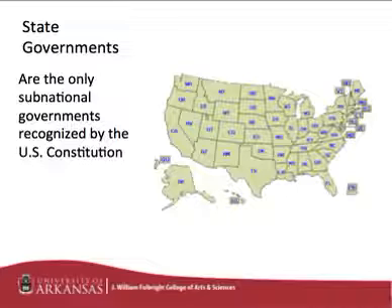The first approach asserts that each level has power directly granted by the Constitution. And the second aspect of this is that each level possesses and exercises power that is legally distinct from and independent of the other.